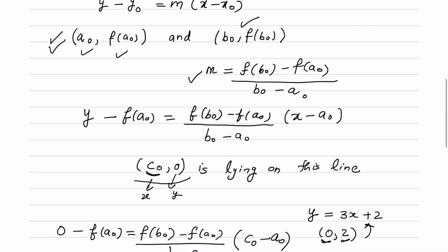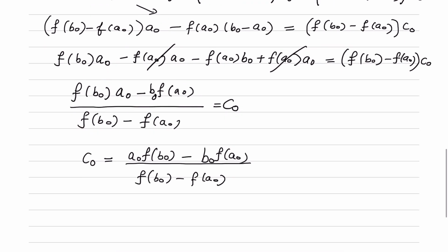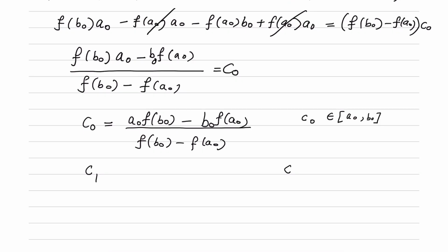So we are looking again at the formula. The formula for c0 is a naught f of b naught minus b naught f of a naught over f of b naught minus f of a naught, and we know that c0 is somewhere in between a naught b naught. Next false point is c1, which lies in the next interval.